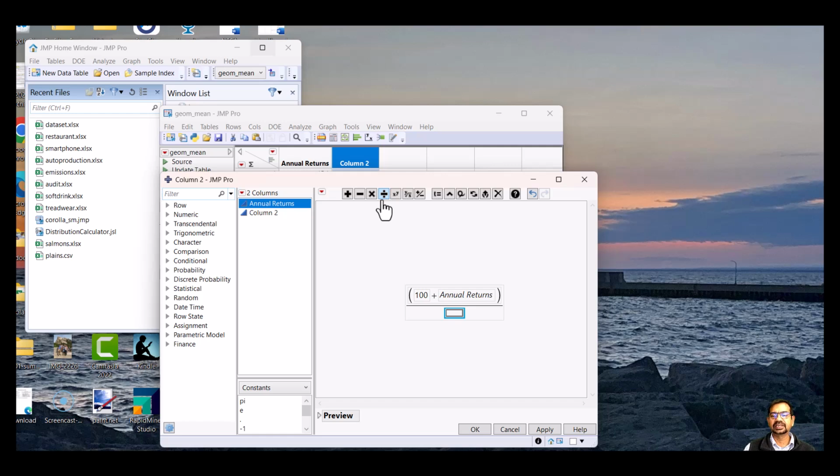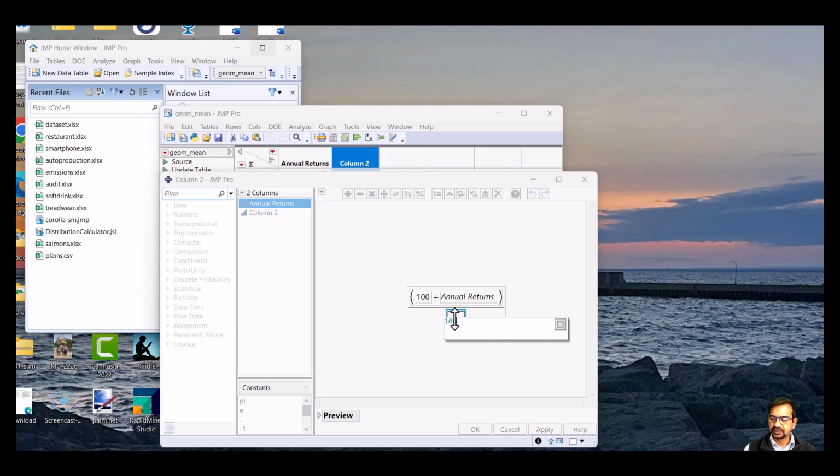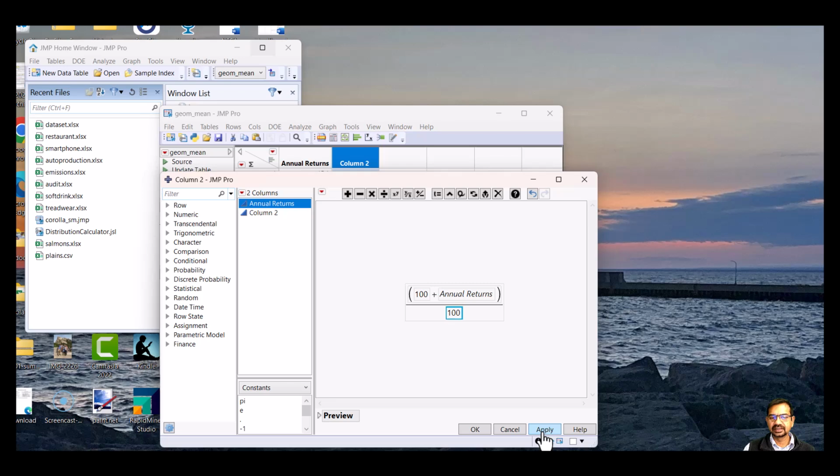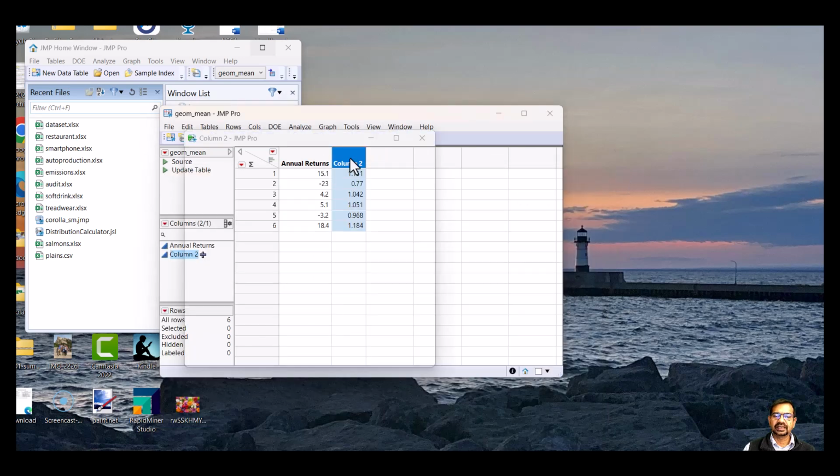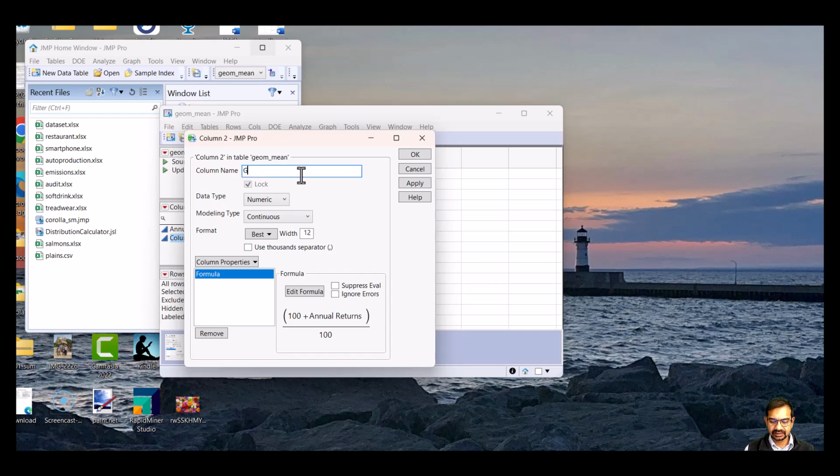So we can click on division and divide it by 100. So now this simple transformation will give us the growth factor, and I can just call this the growth factor.